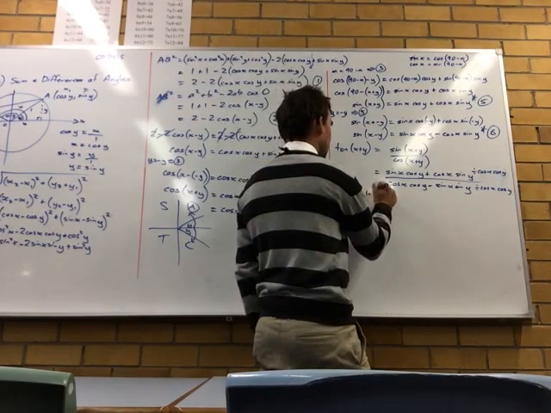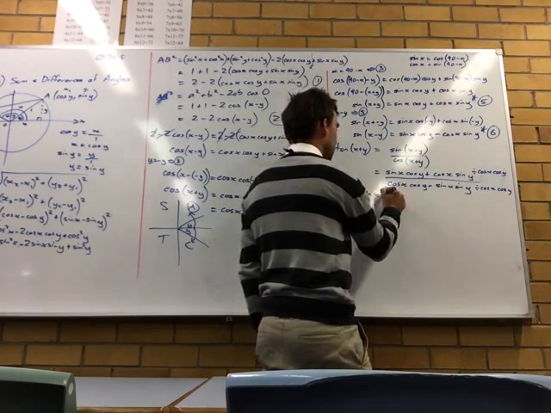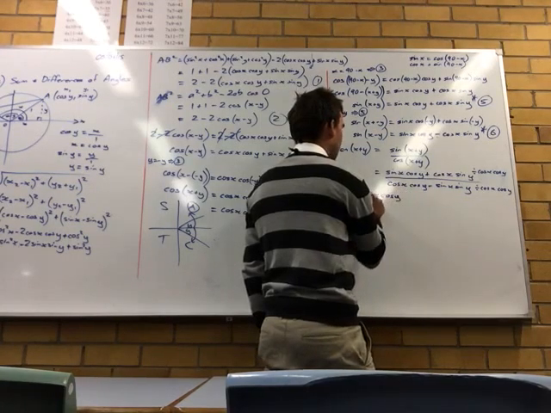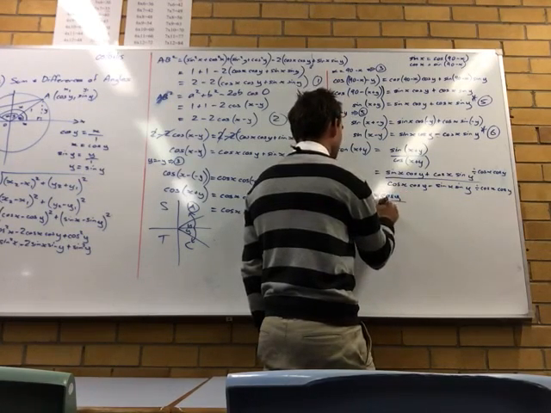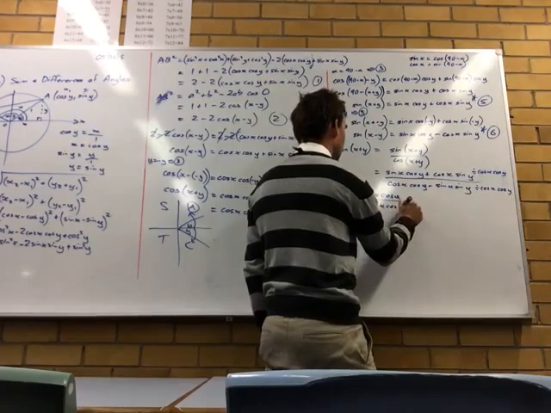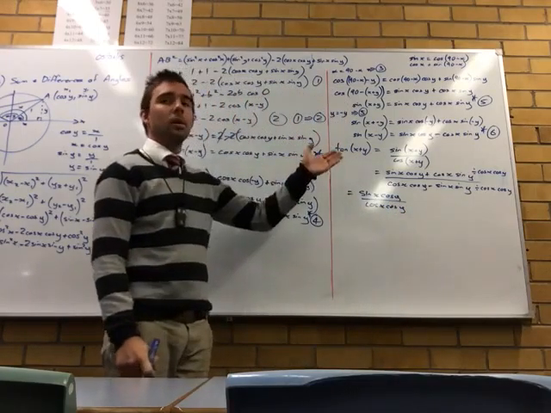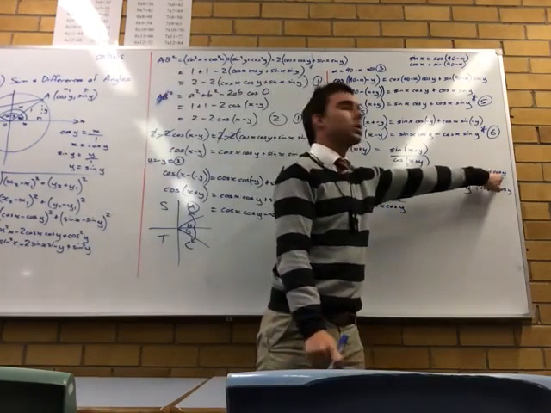So, what does it look like? Each term is getting divided by cos x cos y.